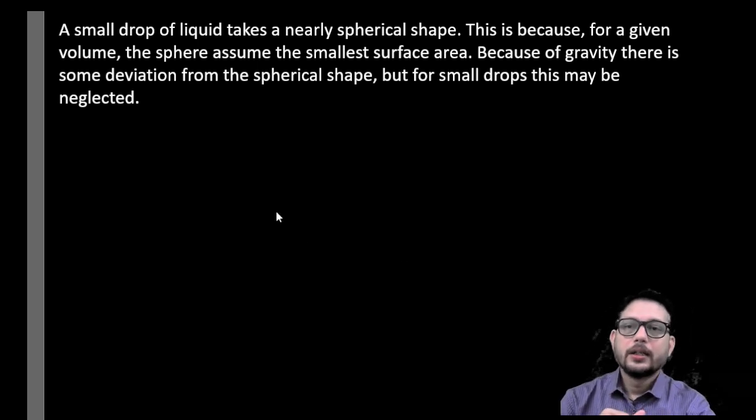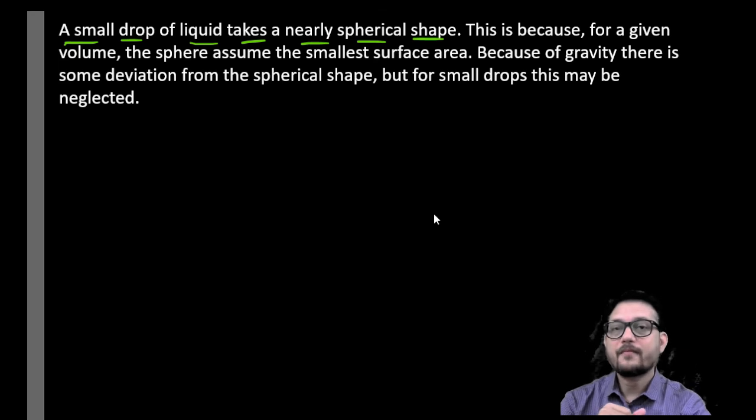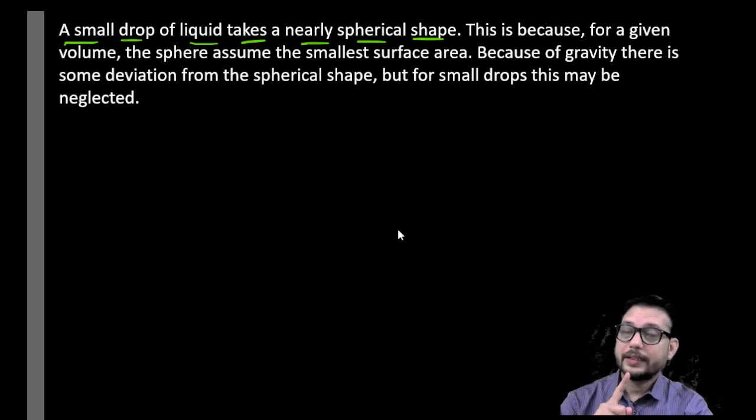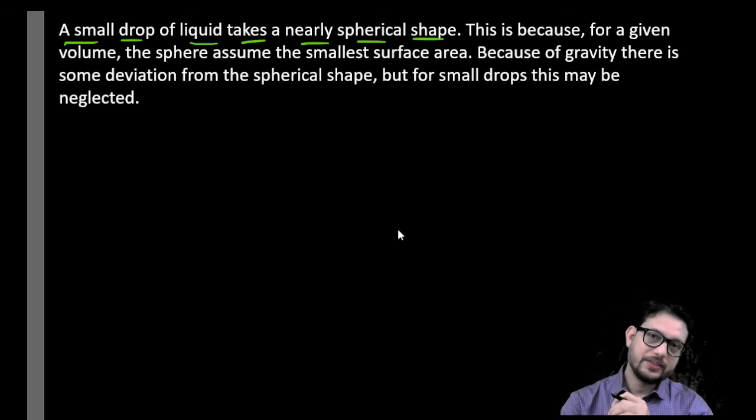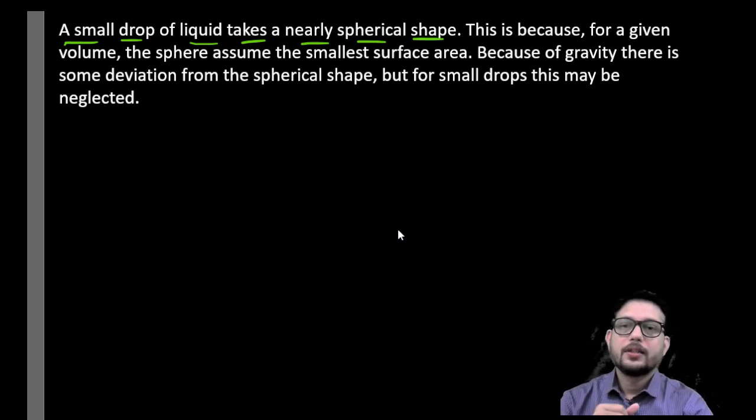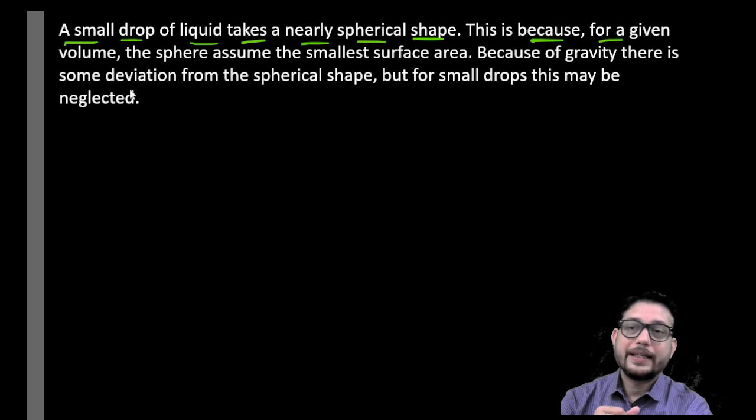Okay, now a small drop of liquid takes nearly a spherical shape. This is also an example of surface tension, or we can say the tendency of decreasing the surface area. This is because for a given volume, the sphere assumes the smallest surface area.